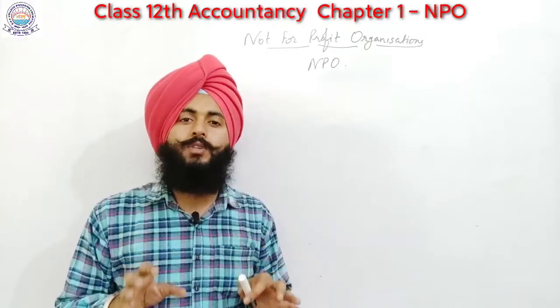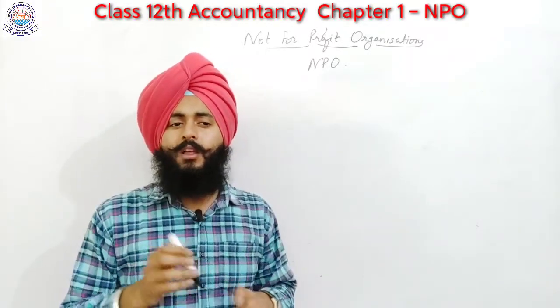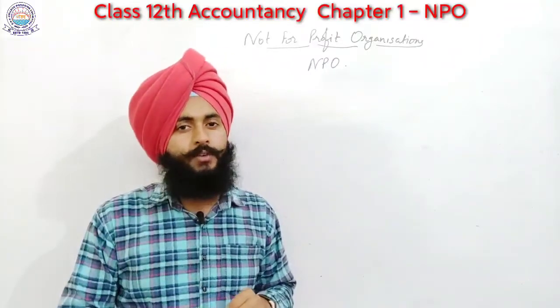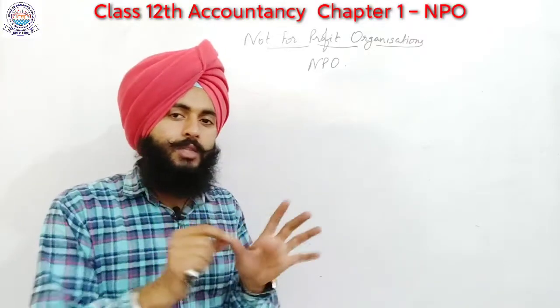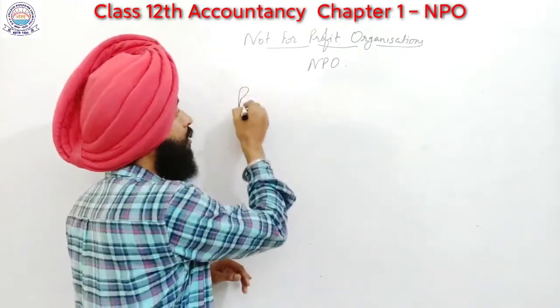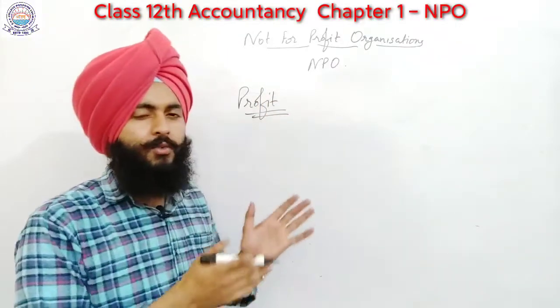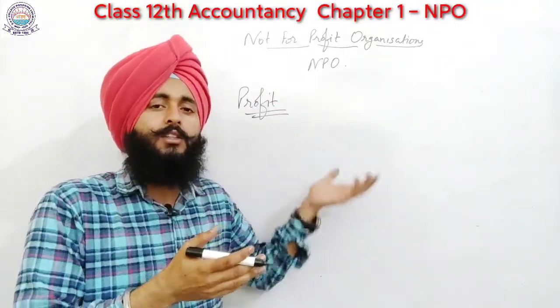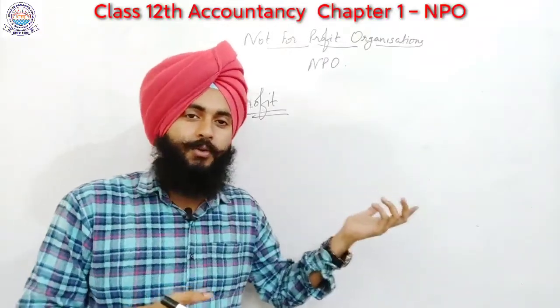Basically, the activities we do, the work we do, we can divide into two main parts. Either we do those activities to earn profit. This is the main thing, that's why we are studying commerce, so we can learn how to earn profit.